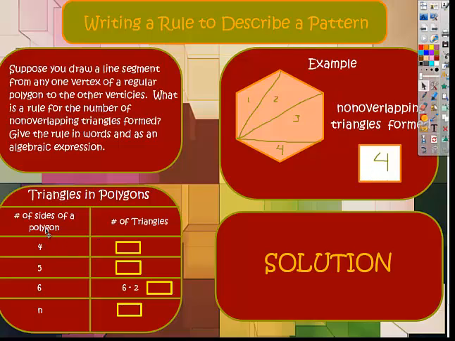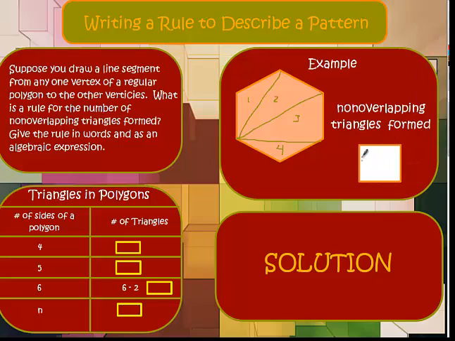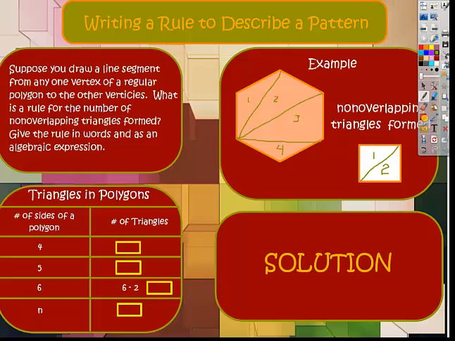Okay, well, let's see. If a polygon had 4 sides, like a square or a rectangle, here's a nice square right here. If I take this square and start at one vertex, going from here to here, again, that's not going to do anything. But from here to here, that's going to create 2 triangles. So when I have a 4-sided polygon, I can create 2 triangles.